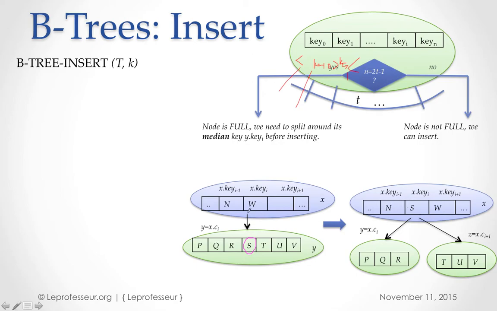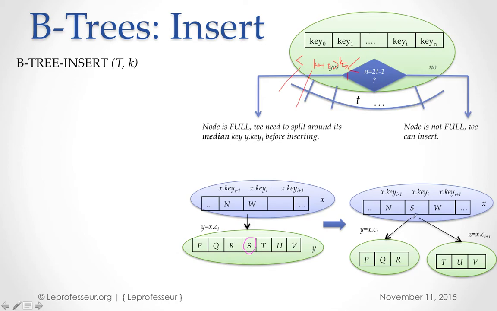So let's say we have N and W, so S will fit between N and W. We move S onto its parent node, and now this node is split into two nodes. One will have the keys P, Q, R and another will have T, U, V. These two become the children of the parent node.